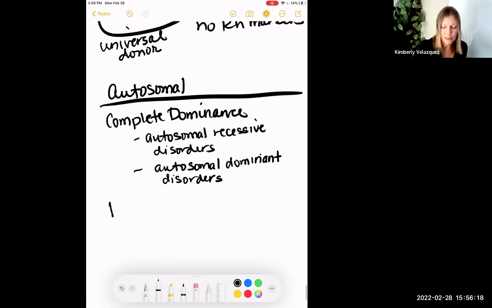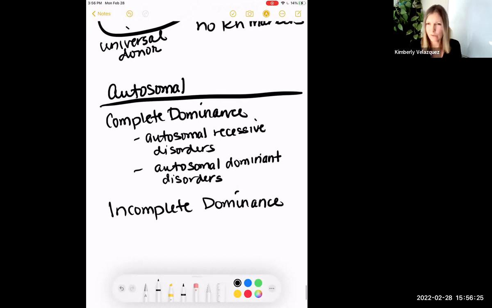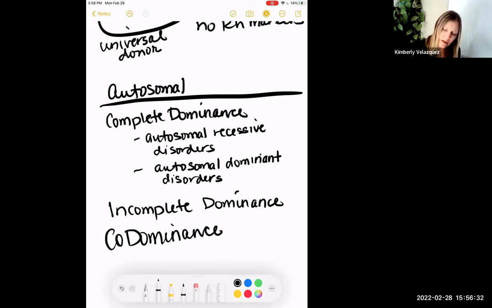And there was incomplete dominance, where the heterozygous individual had an intermediate phenotype. That's where red and white flowers made pink. And then there was codominance, where if you have both alleles, they both get expressed. So type AB blood, if you have an A and a B, those both get expressed. If you have O, that's recessive, but A is not dominant over B and B is not dominant over A. They're both dominant over O. And that's because if you think about what they code for, it makes sense.